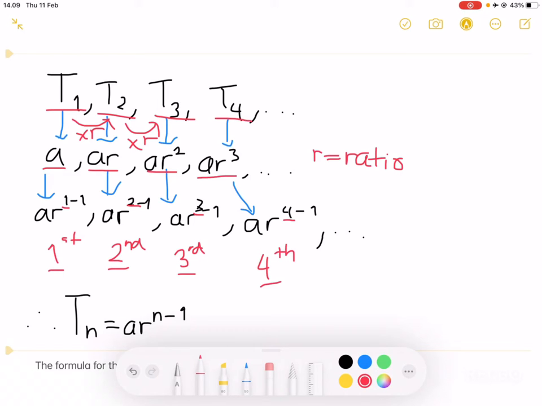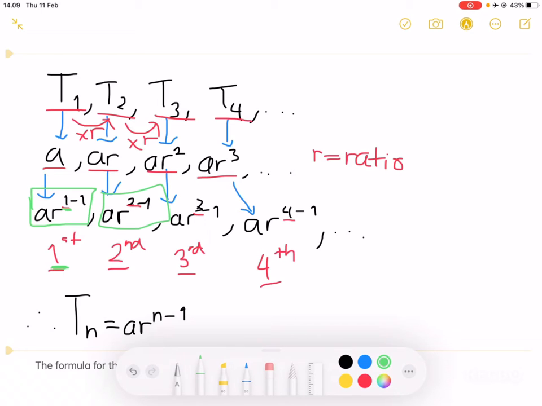And then same thing for t4. And I can just rewrite the exponents of r slightly differently, like so. So notice we have a times r to the 1 minus 1. Notice 1 minus 1 is just 0, and r to the 0 is just 1, so it doesn't change anything. And we can just do the same thing for all of these. And notice these exponents correspond to the term order.